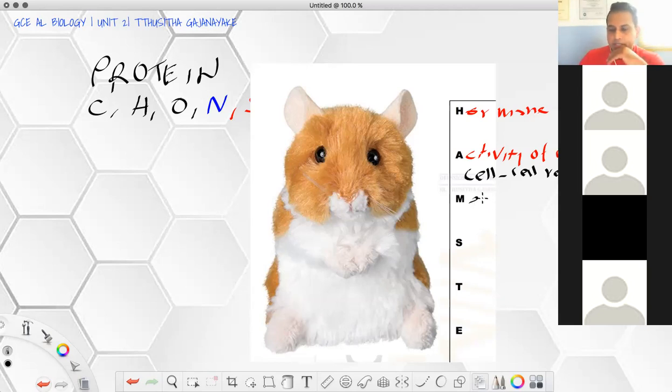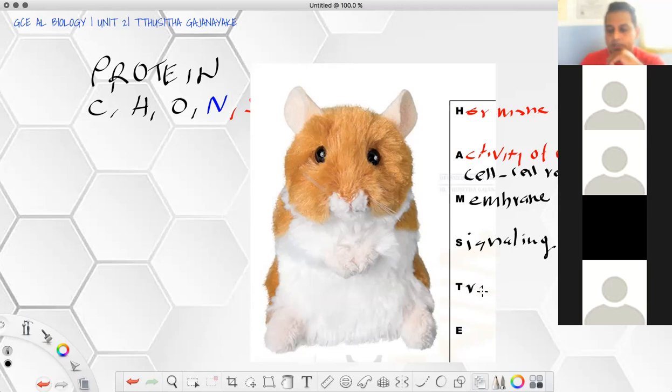Yes, to make the cell membrane, it's a structural component of the cell membrane, and a signaling molecule. I explained signaling molecules before: a chemical which can come and bind to the cell, or maybe go into the cell and communicate with the cells to produce some effective functions.